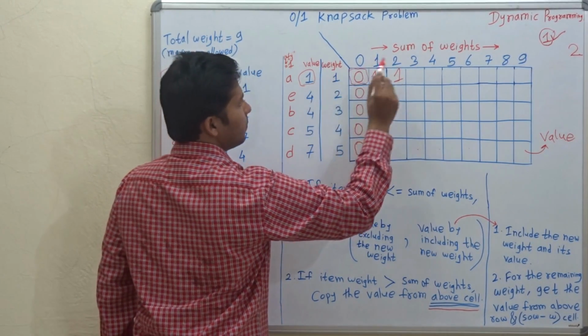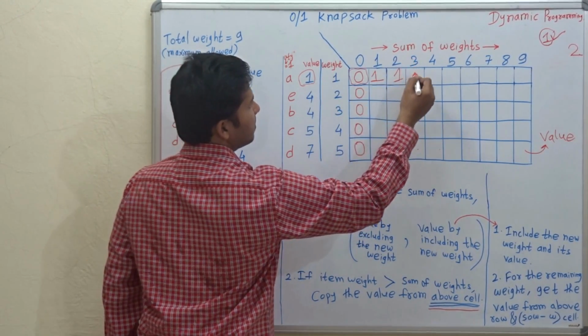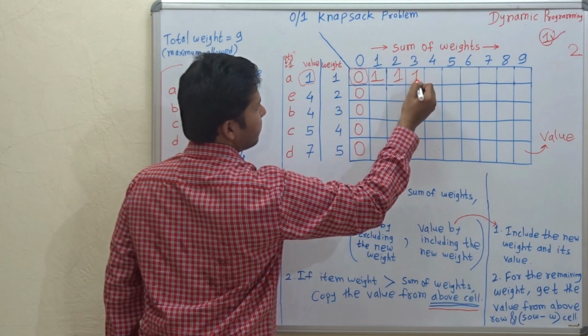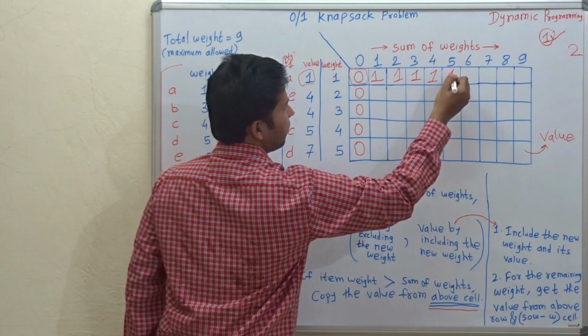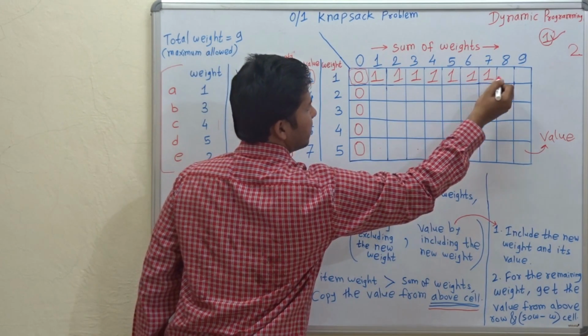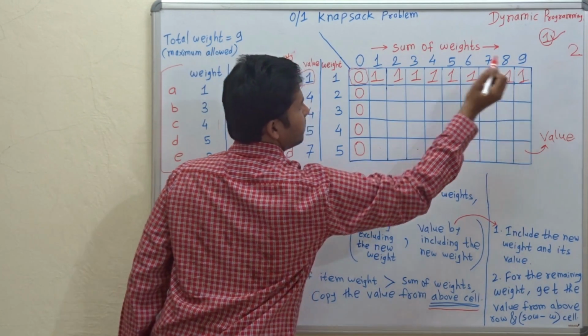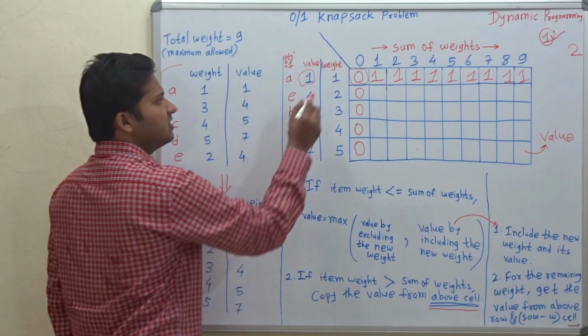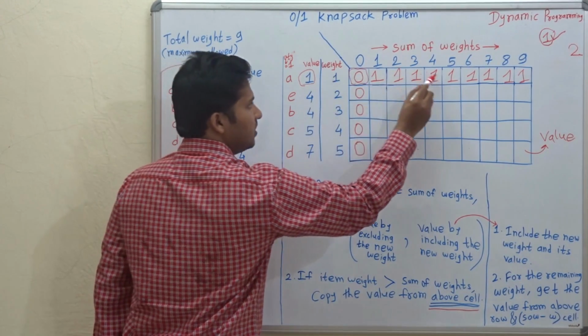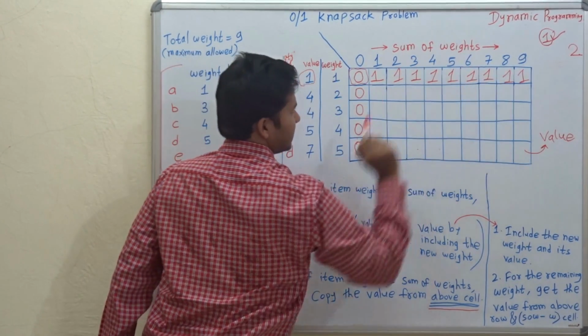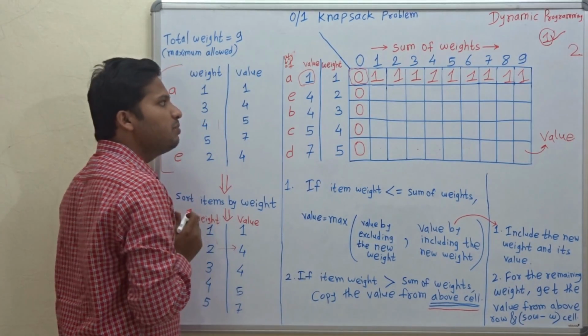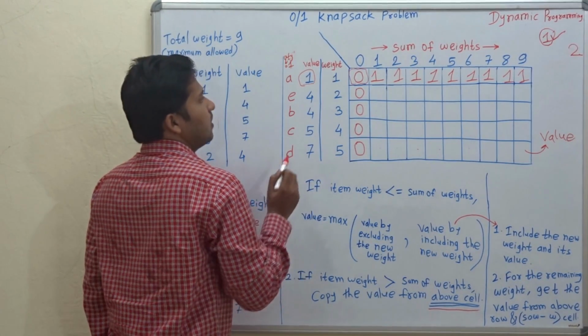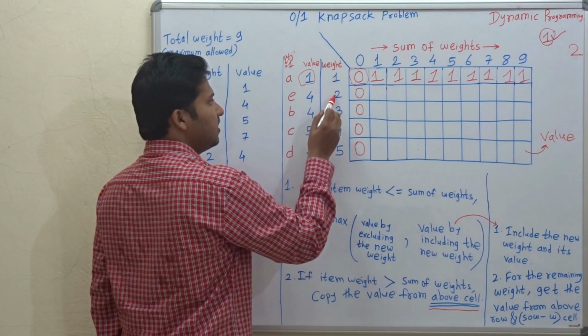Now again weight 1 for sum of weight 3. Yes, you can use it and the value is 1. Similarly for all the cells in this row. Okay, this weight 1 can contribute in forming this sum of weights. This is the meaning. Now the new weight is 2.